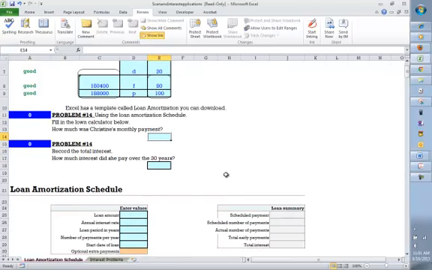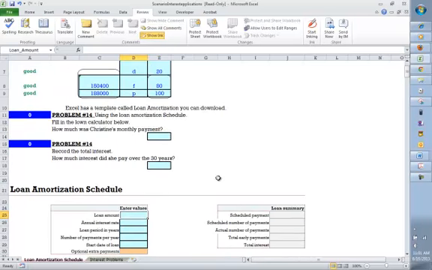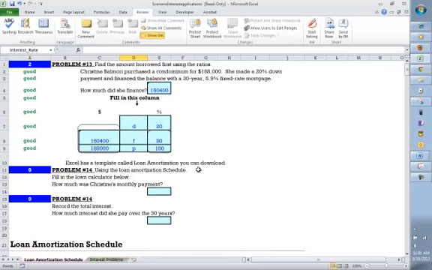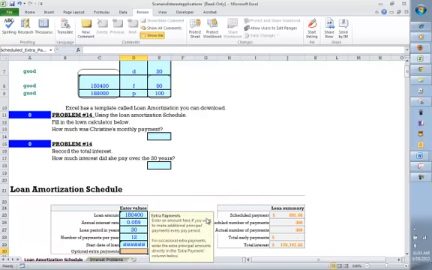$150,400. So now let's fill in the amount, $150,400, and it's a 30-year mortgage at 0.059. Loan period in years is 30 years, 12 payments per year, and the start date is now, so I'm going to type now.